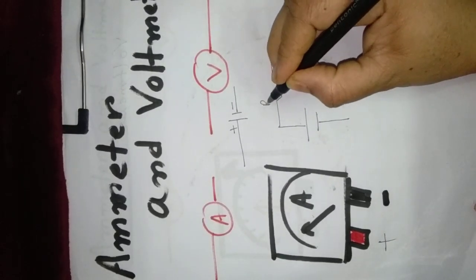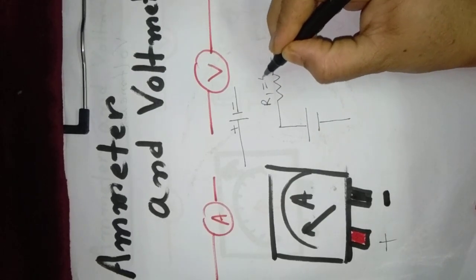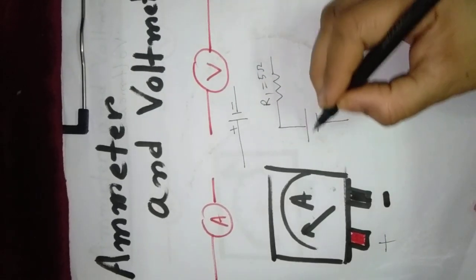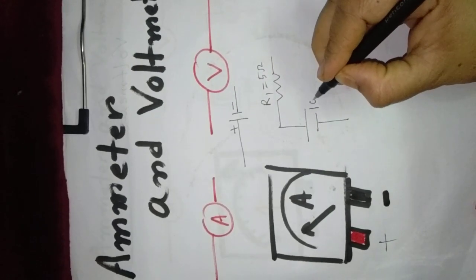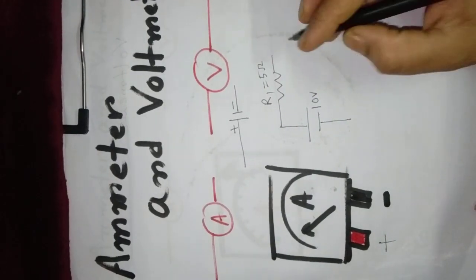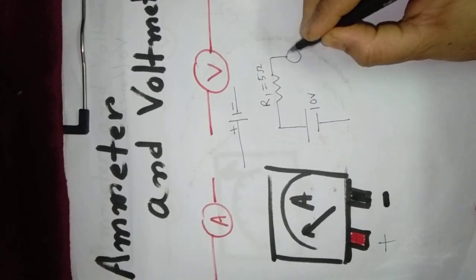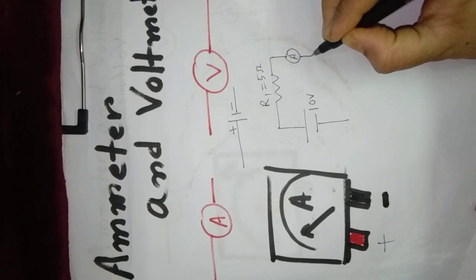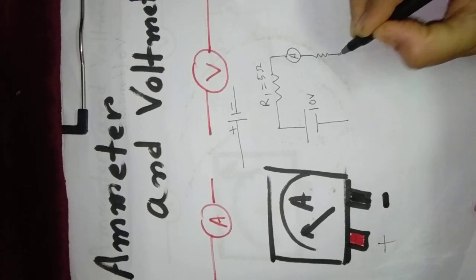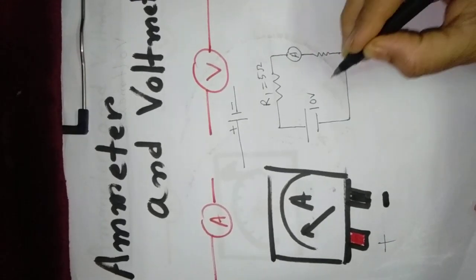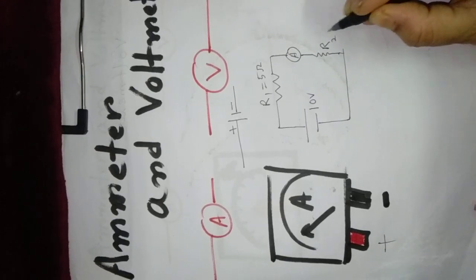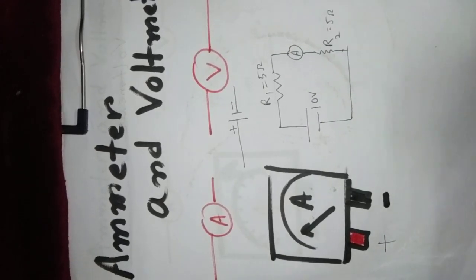Here I apply one resistance whose value is 5 ohm, suppose, and the voltage of the battery is 10 volt. Here is the ammeter which is connected in series. Another resistor is connected here, R2, and that is also 5 ohm.